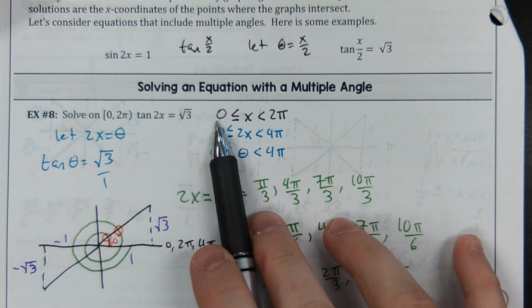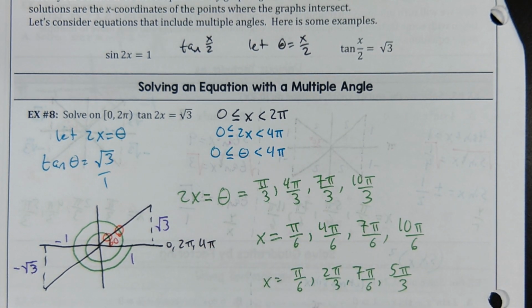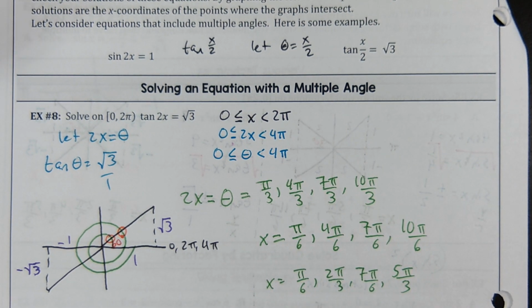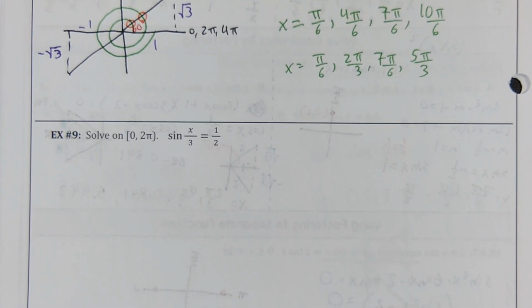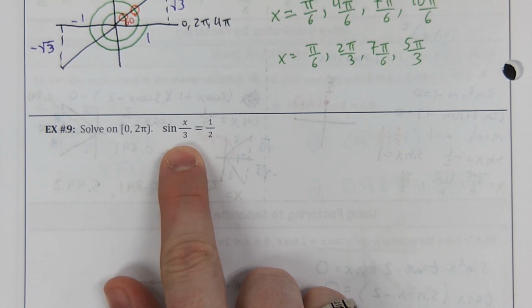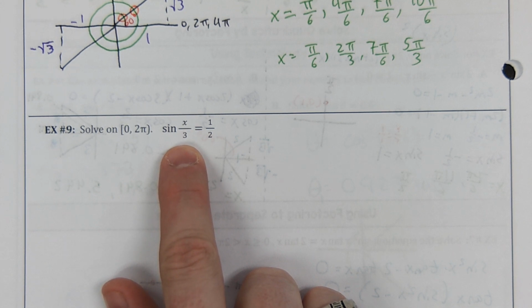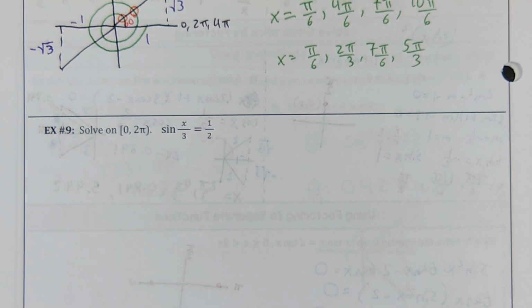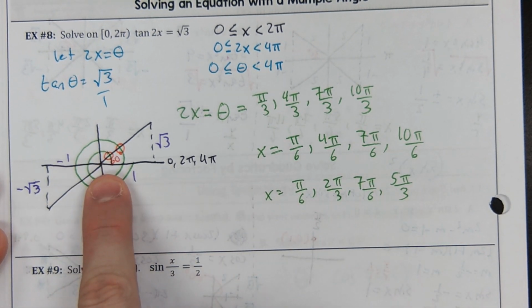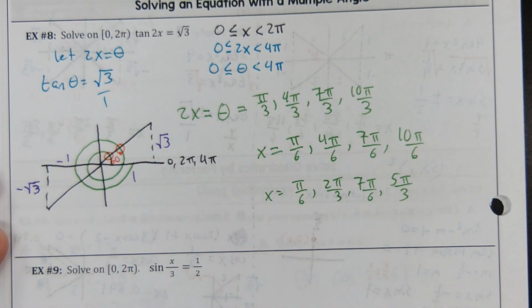So I would have cut this in half, that in half, and that in half, so everything said x over 2. My tangent of theta would have gone from 0 to pi. We're going to do that on tomorrow's lesson. That'll be the very first thing we do: make a substitution for x over 3 and say let theta equal x over 3. But that'll be tomorrow. Is everybody comfortable with these 4 solutions then, and how to pull this off? Everybody's great on that?